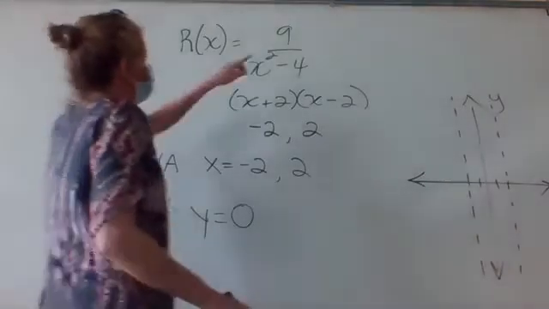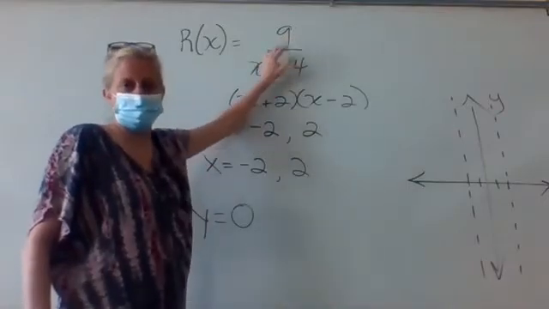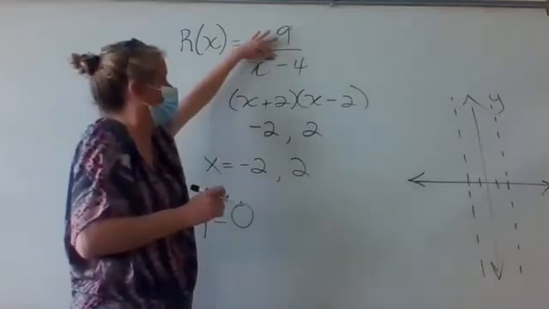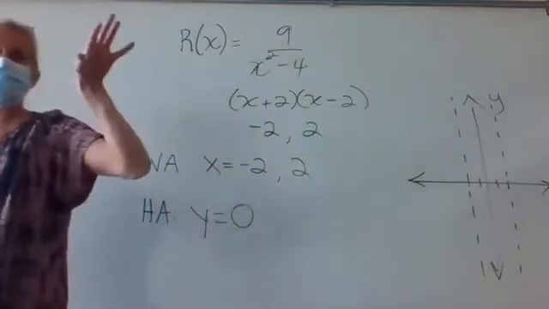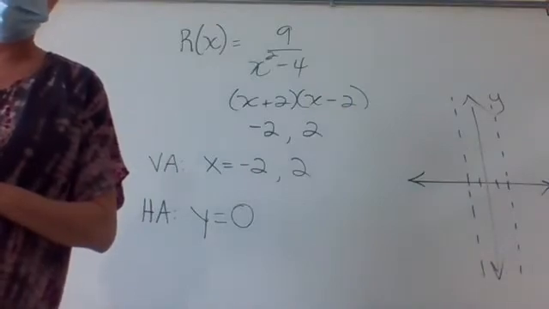If the degree of the numerator is greater than the degree of the denominator, not in this case, but let's just say the degree of the numerator was higher than 2, that would mean there is no horizontal asymptote.